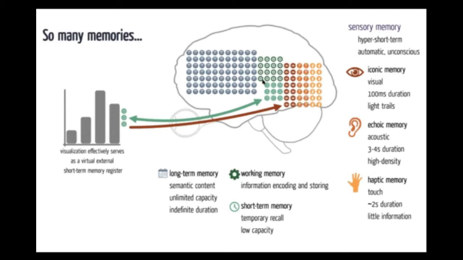It acts as an external memory register. We can immediately access that information very quickly, going back and forth between what our brain is able to hold at any one time and what we can see. And so what we really want to do is emulate that kind of fast control with non-visual means as well.